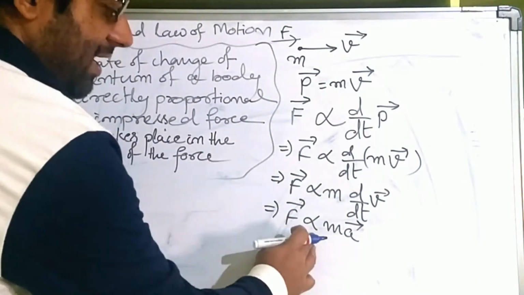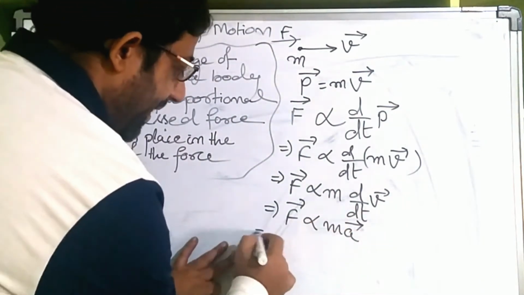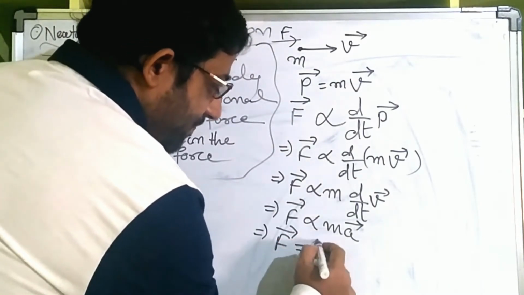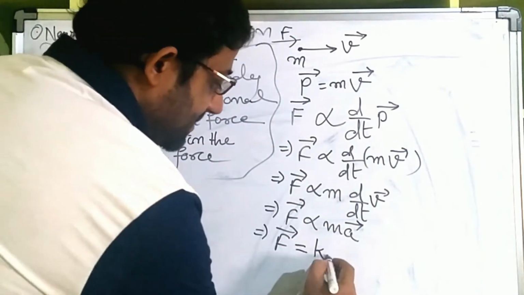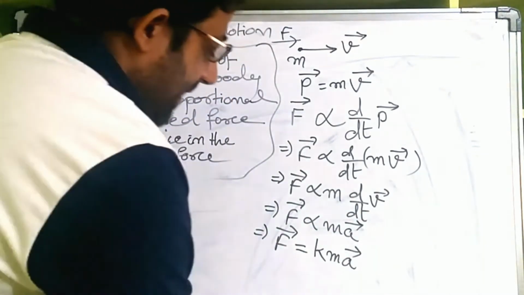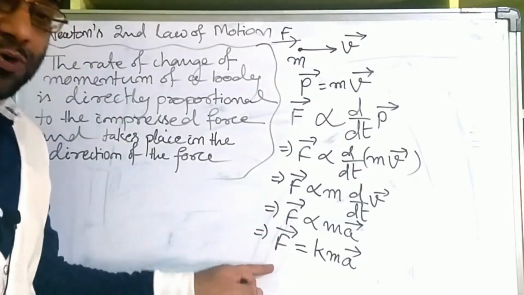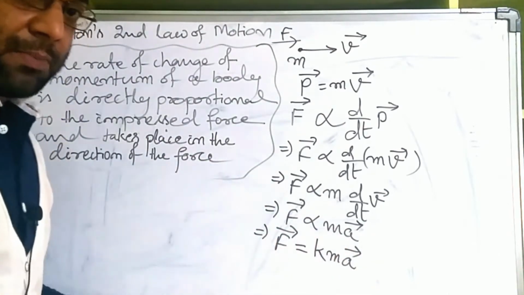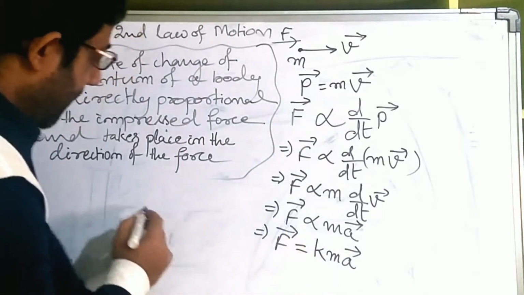If one variable is directly proportional to another, we can write the left hand side variable is equal to some proportionality constant k times ma. Now we can choose the unit of force in such a way that k becomes 1. Then F will be equal to ma. How can we choose?